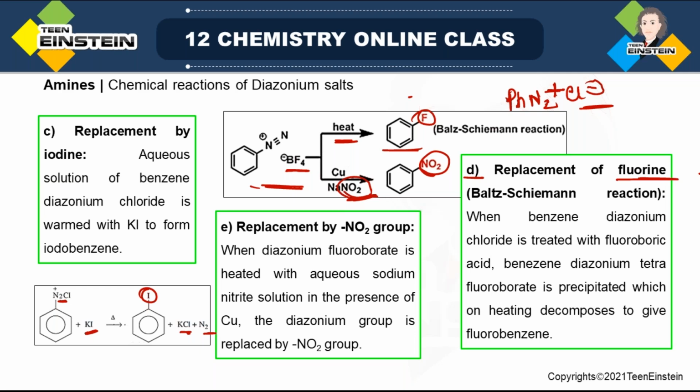So that is the importance of diazonium salt. Though this salt itself is not very stable, if you can use it properly, you can find so many applications. So nitrobenzene we can produce when we are heating the fluoroborate salt with copper and sodium nitrite solution. Fine. So 5 replacement reactions we have seen: A, B, C, D, E.